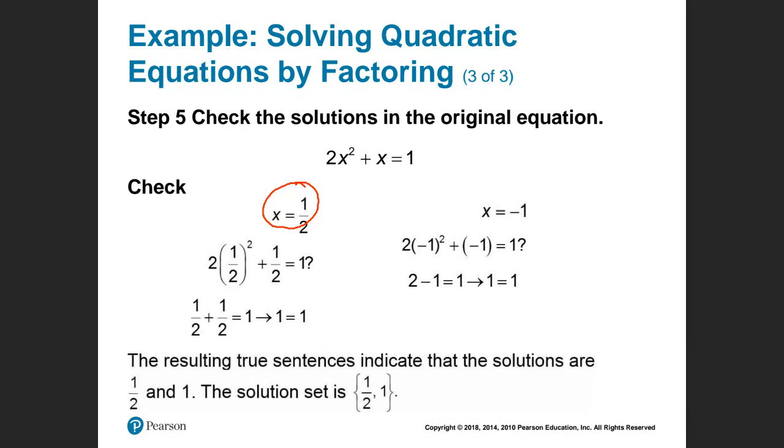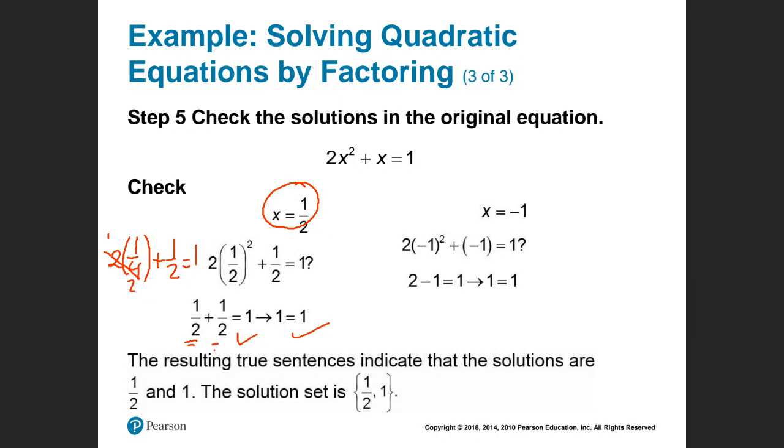A half squared becomes 1/4, and 2 times 1/4 becomes a half, plus a half equals 1. So a half plus a half equals 1. Yes. So the answer is right for x equals a half.